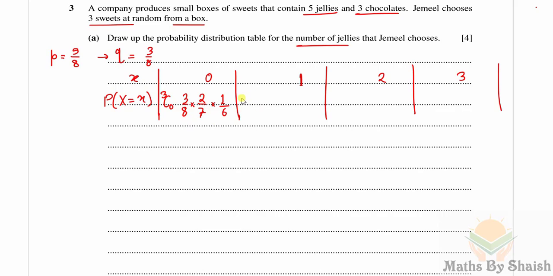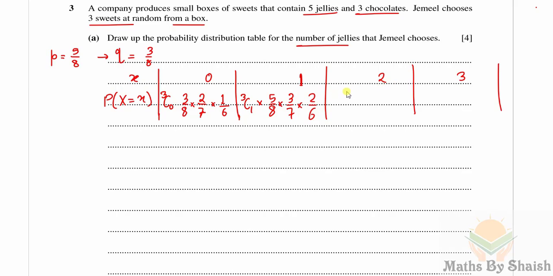And then for 1, it is 3C1: one time it is jelly, so 5 over 8, then the second time it should be chocolate, so 3 over 7, and for the third it is again chocolate, so 2 over 6.